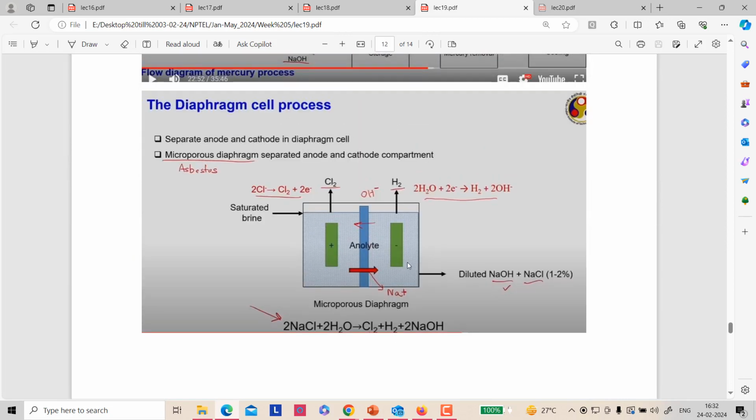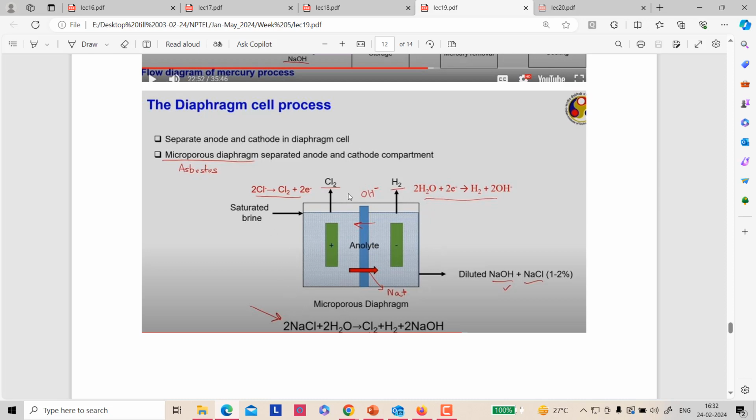And in the diaphragm cell, in between the cathode and anode, a microporous diaphragm made of asbestos is used. So here the brine solution is given in the chamber, and in the anode Cl2 is produced, and in the cathode hydrogen is produced.